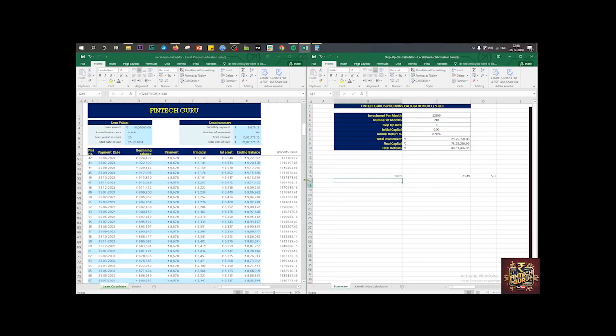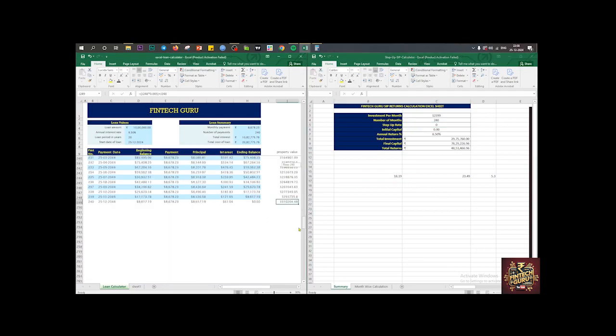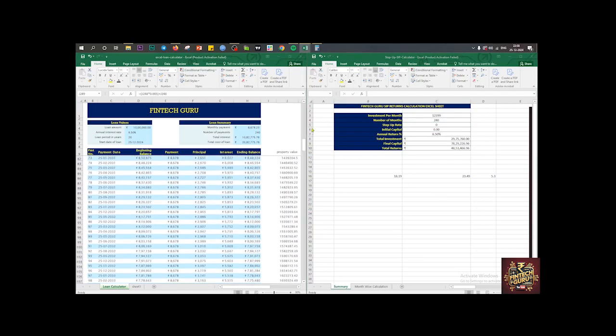That is 33.10 lakhs. You see the investment here, 78.29 lakhs. This is for 10 years, this is for 20 years, and let's see for 30 years.